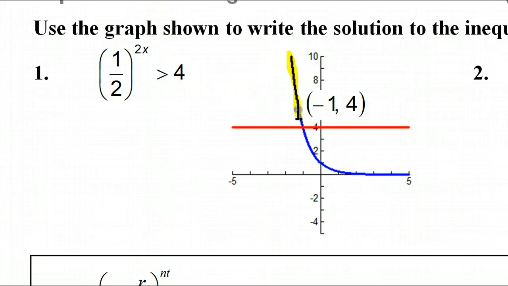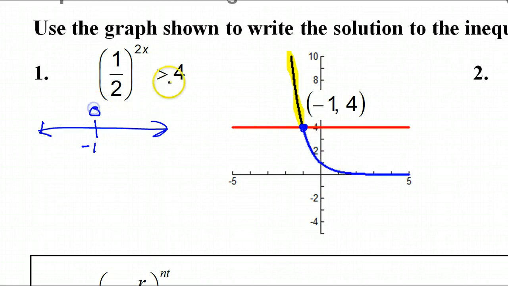This is the above part of the graph, above 4. You make your number line. The critical value is right here. It's the x value. It is -1. This yellow that we just highlighted is leaning to the left of -1.